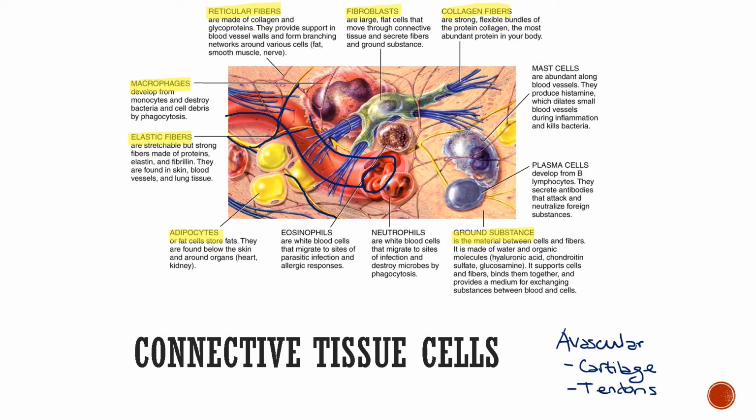And then we also have a lot of immune cells here too: eosinophils, neutrophils, and plasma cells. Mast cells are also kind of in the immune system section as well, but lots of different cells that we find within the connective tissue.